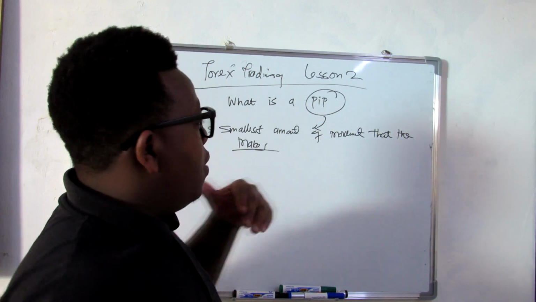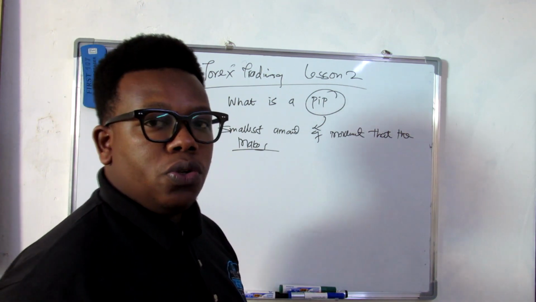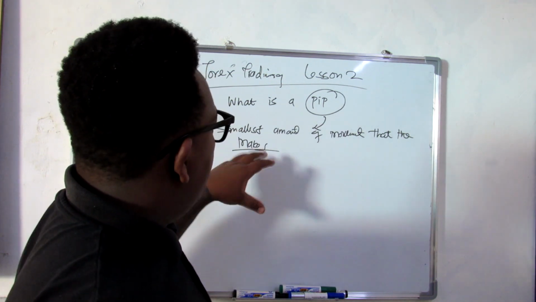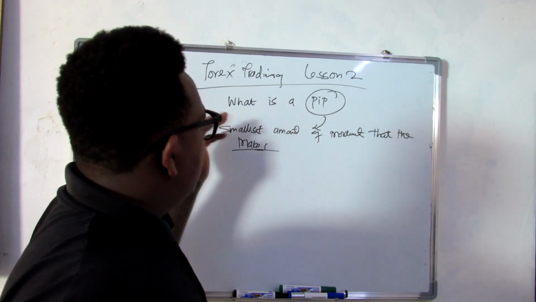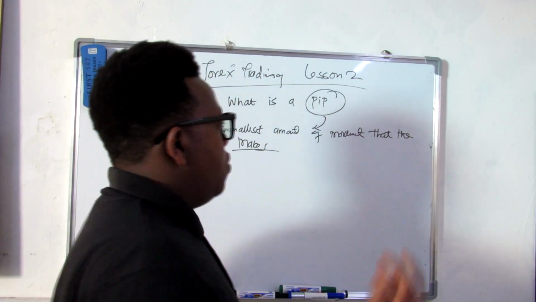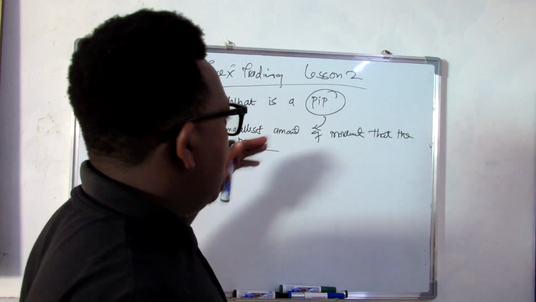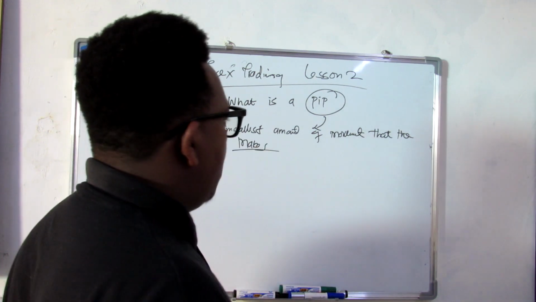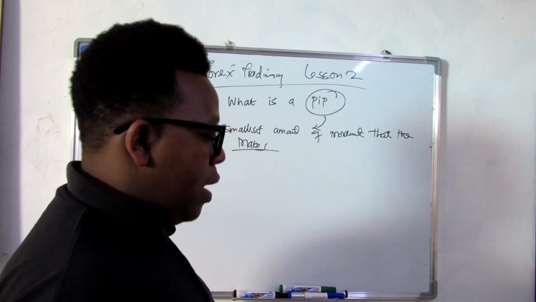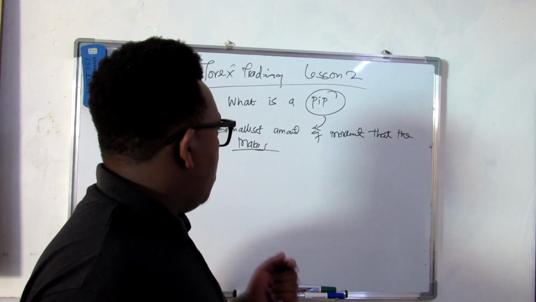pair. So in our previous lesson we talked about the currency pair, and we are continuing to introduce the same concept in these lessons. And for today's lesson, as I said, we'll be looking into what is a pip, and I've just given you a definition. It's the smallest amount of movement that you can get to notice the market has made. So I will be showing you some examples in order to emphasize and of course to help you understand more about the same.